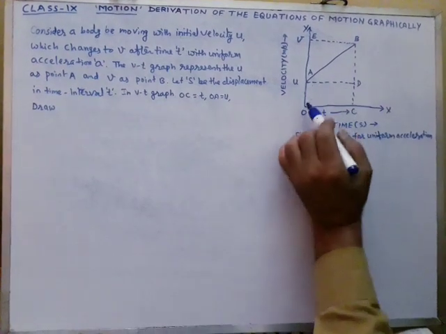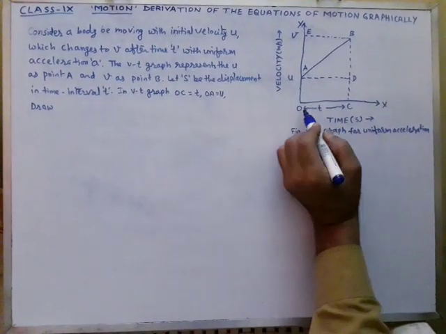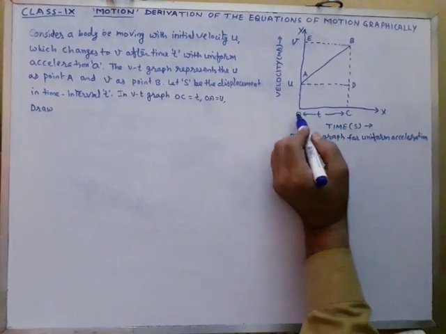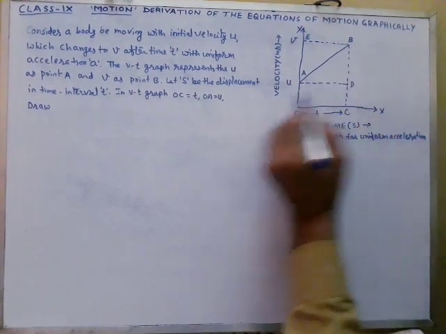Then from the Vt graph, Vt meaning velocity-time graph, OC is equal to t, OA is equal to u, BC is equal to v.